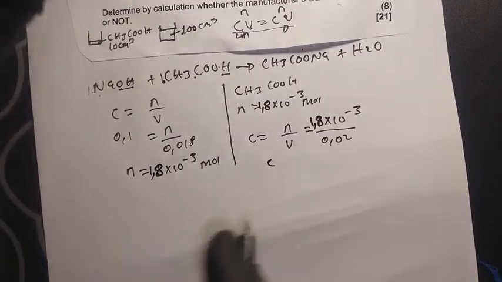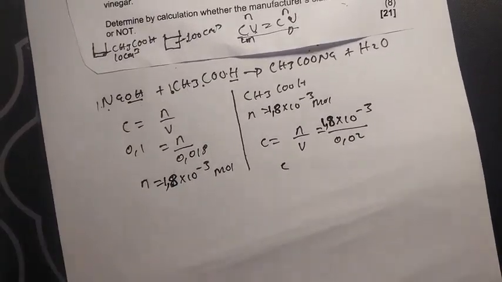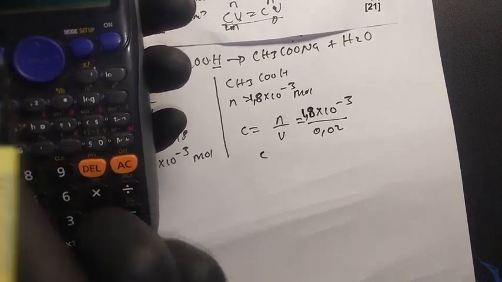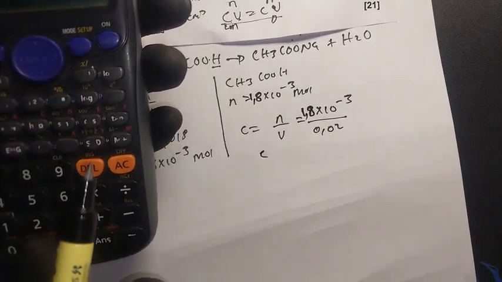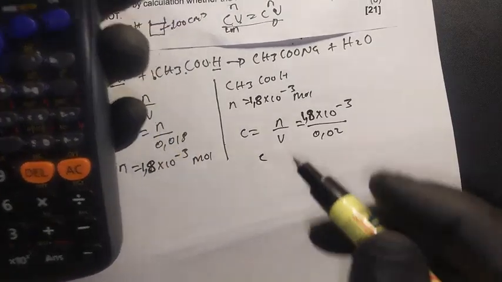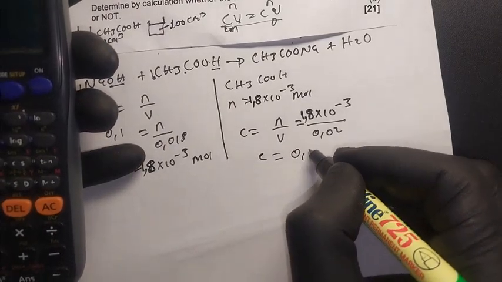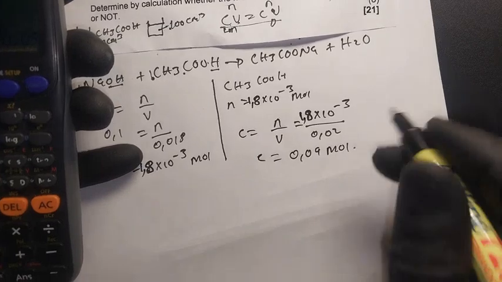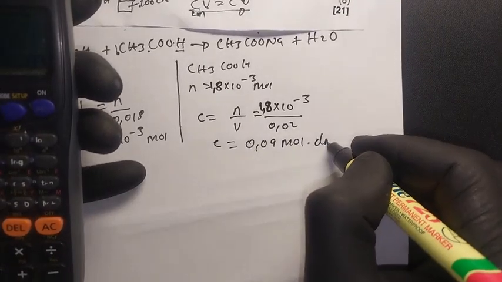Sorry, my bad, a mistake on my calculator. So 1.8 times 10 raised negative 3 over 0.02. You're going to get that the concentration of this is 0.09 mole per decimeter cube.